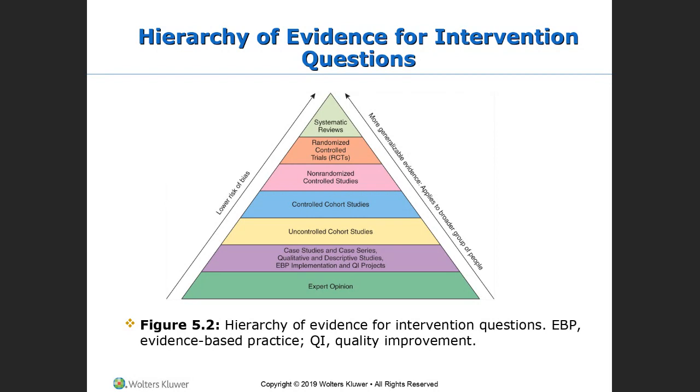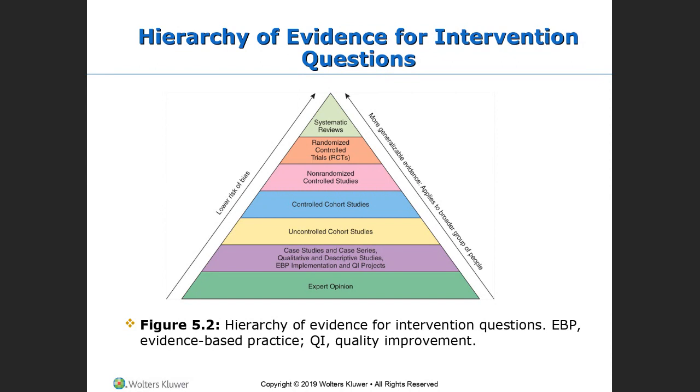And then finally, the second kind of article you'll need to leave the class with is a systematic review. That is basically where someone has looked at a bunch of studies and pulled all the evidence together to make this review. So in this level of intervention, you want to obviously try and have the highest level of evidence that you can.